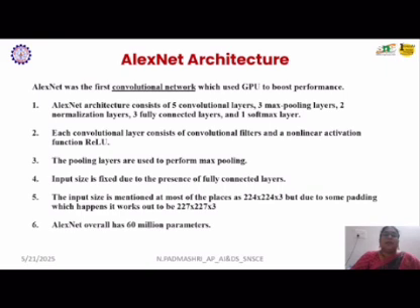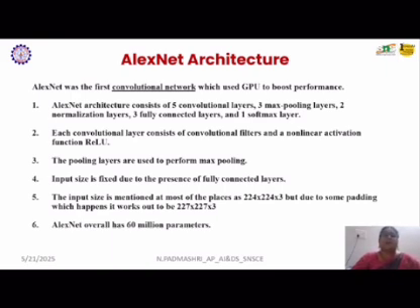So it is going to process the images and we are going to take the output from the network. And this AlexNet architecture uses the graphics processing unit mainly to boost the performance of the neural network. So we use this AlexNet architecture.